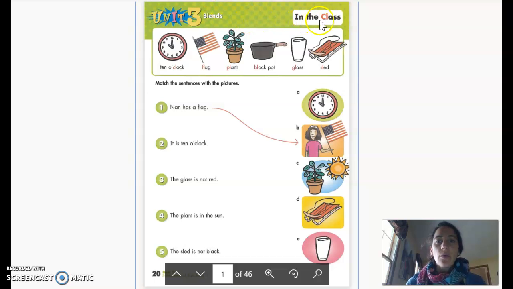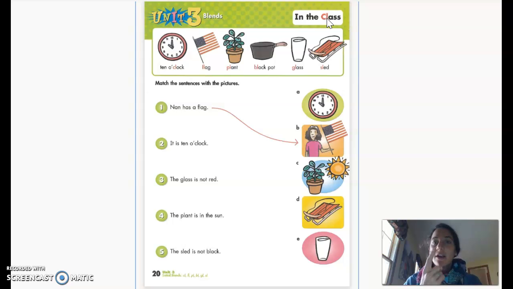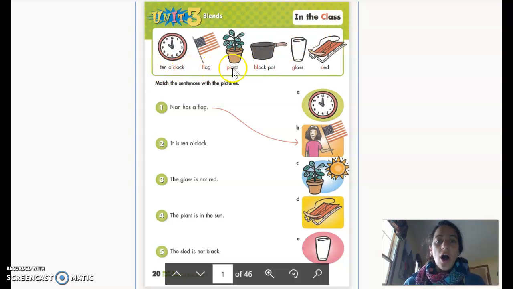So today we're working on combining and blending letters with the letter L. Please repeat after me. L. L. Good. These are all different words that have the L, but a different letter in front.